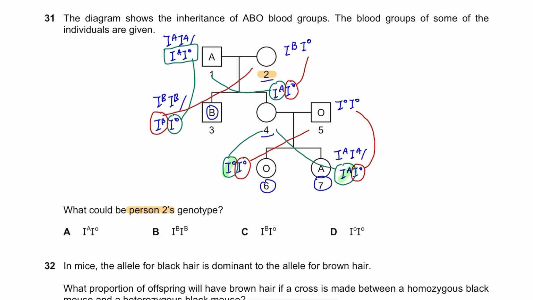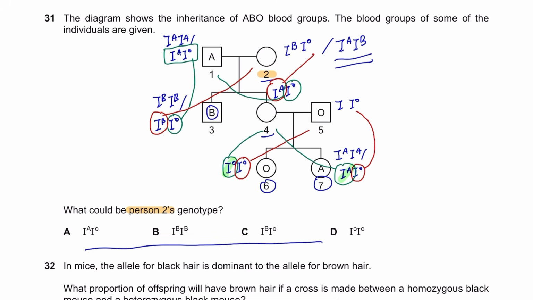There can be another case if we say that allele IA is from person 2 and allele IO is from person 1. Then the genotype of person 2 can be IA and IB. But we don't have IA and IB in our options, so the answer should be IB-IO.